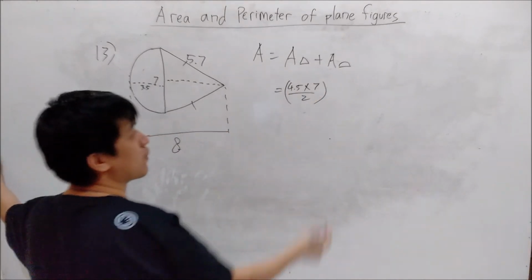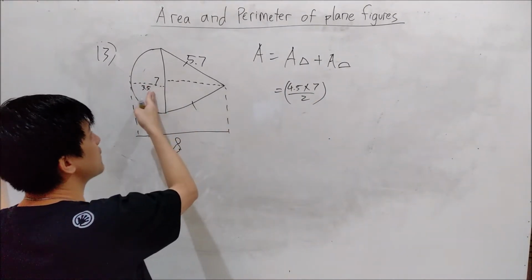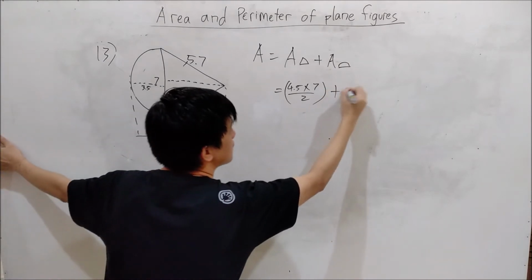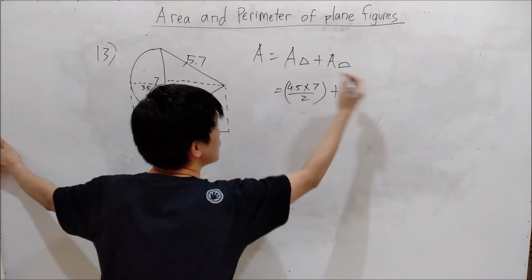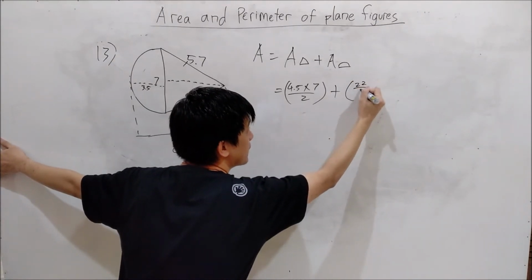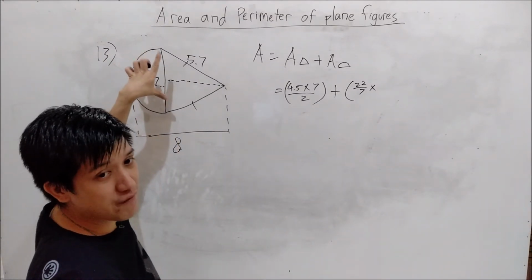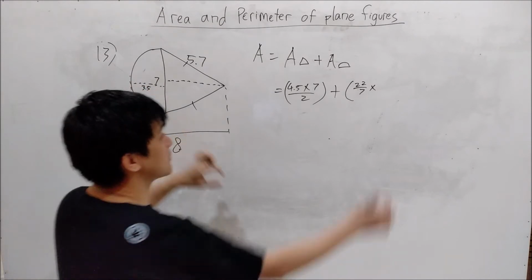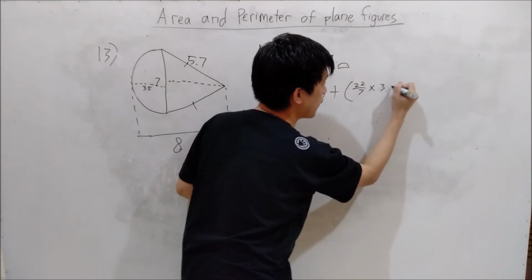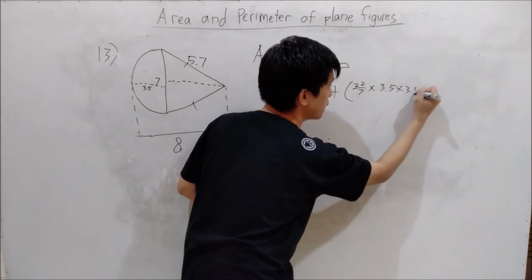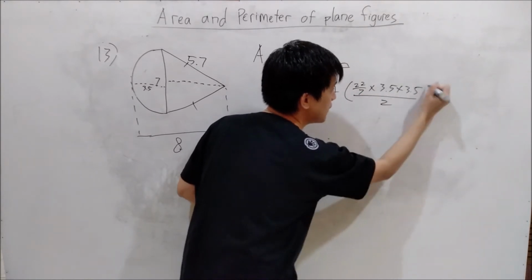That will be our area of the triangle. And then our area of the semicircle is pi, which is 22/7, times r squared. The diameter is 7, so the r is 3.5. So we will write 3.5 times 3.5. The final result will be divided by 2.